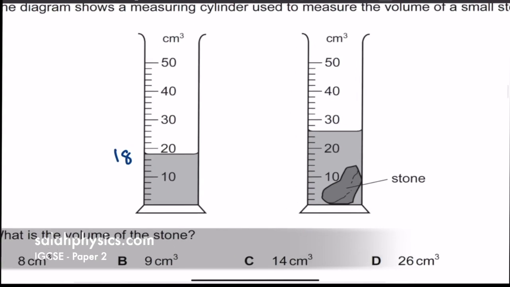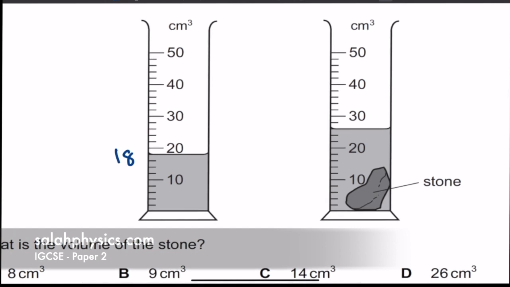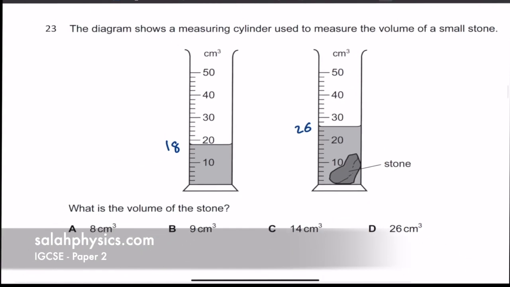In such cases, one division means 2 centimeters cubed. So the reading is 18. In the second figure to the right, the reading is 26. When it comes to the difference between them to find the volume, 26 minus 18 gives you 8. So the right answer here again will be 8.